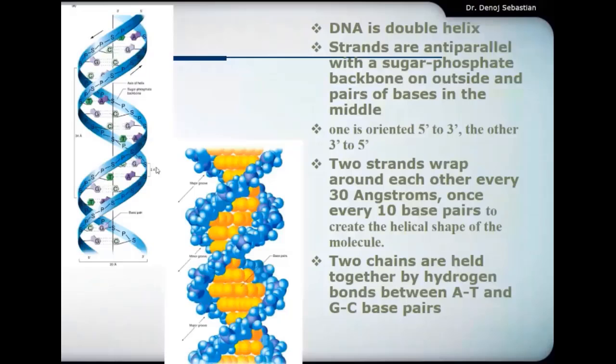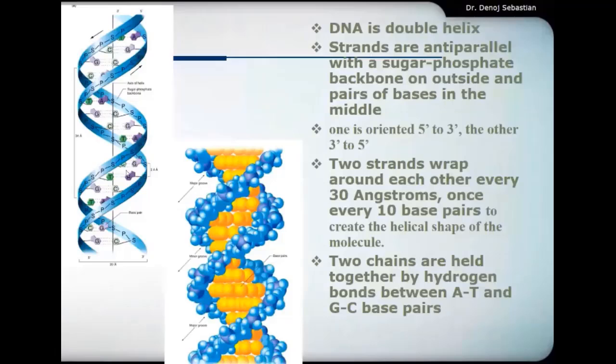Here is the helical structure, and the steps of the ladder which are formed by the purines and pyrimidines. There is also another concept, the major groove and minor groove. Between the steps of the ladder, we have the minor groove shown here, and the major groove represented in this region.